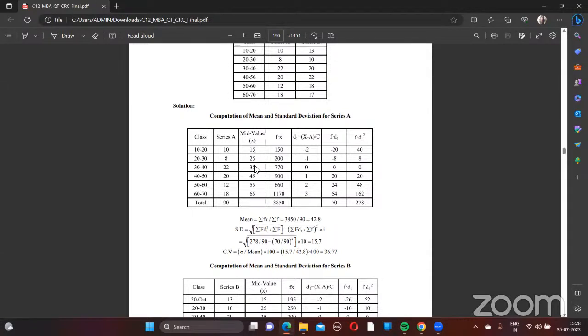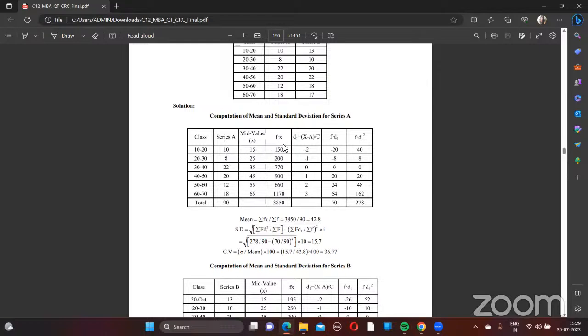So 15, 25, 35, 45, 55, 65 are the middle values of these class intervals, which is assumed to be x. Then from this, we need to find out the mean, means frequency is multiplied with x. This is f. The series A is given in the format 10, 8, 22, 20, 12, 18, which is considered as f, frequency.